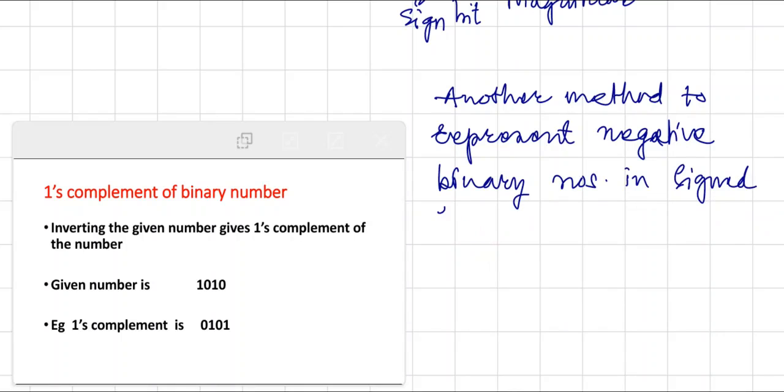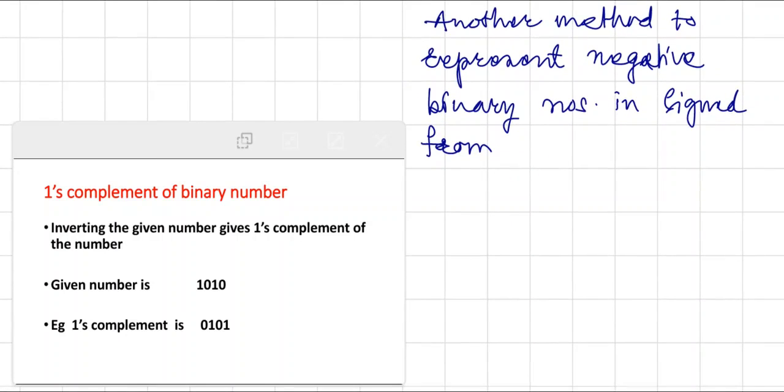What does it mean? Let us consider a number which is in binary form. Now this number is representing a magnitude of 8 plus 4, that is 12.